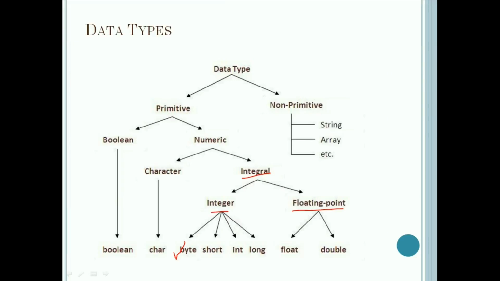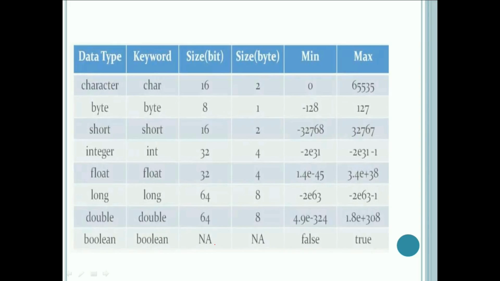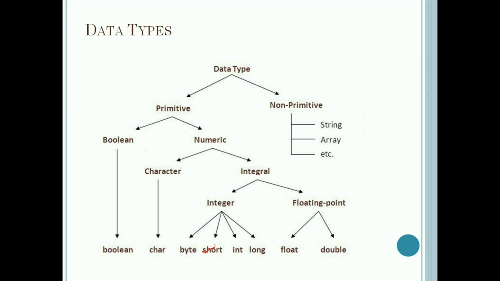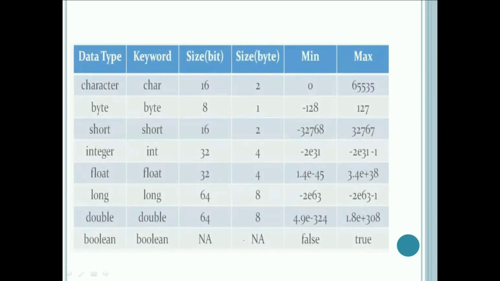Next we come to short. It has a higher range than the byte, a size of 2 bytes, and its range is from minus 32768 to 32767. Next comes int, which is integer. It has a size of 4 bytes, or 32 bits, and its minimum and maximum values are very high compared to the previous ones.